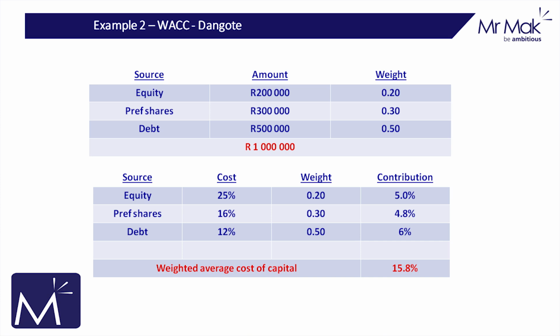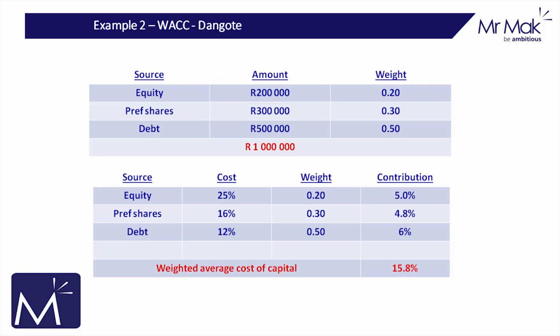And then the debt will be 12% multiplied by a 0.5 weighting, resulting in a contribution of 6%. If you add up all the contributions up to now, we have calculated a weighted average cost of capital for Dangote of 15.8%.